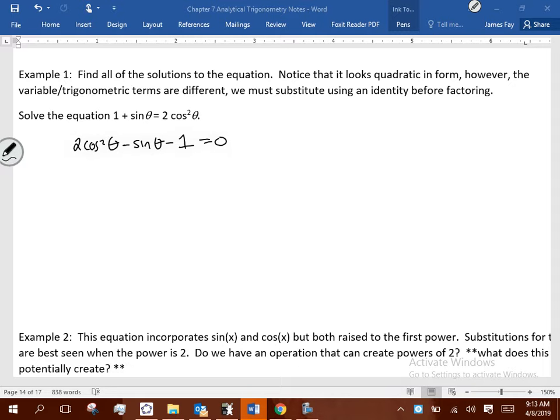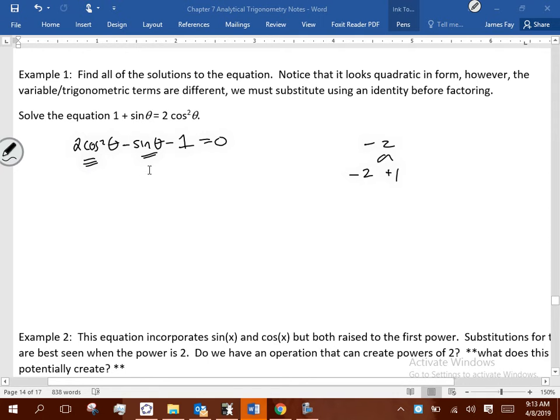All right, so now the issue, like I said earlier, was the fact that this is cosine and this is sine. If you start factoring with the AC method, I can go negative 2 and positive 1 would be your 2 things.